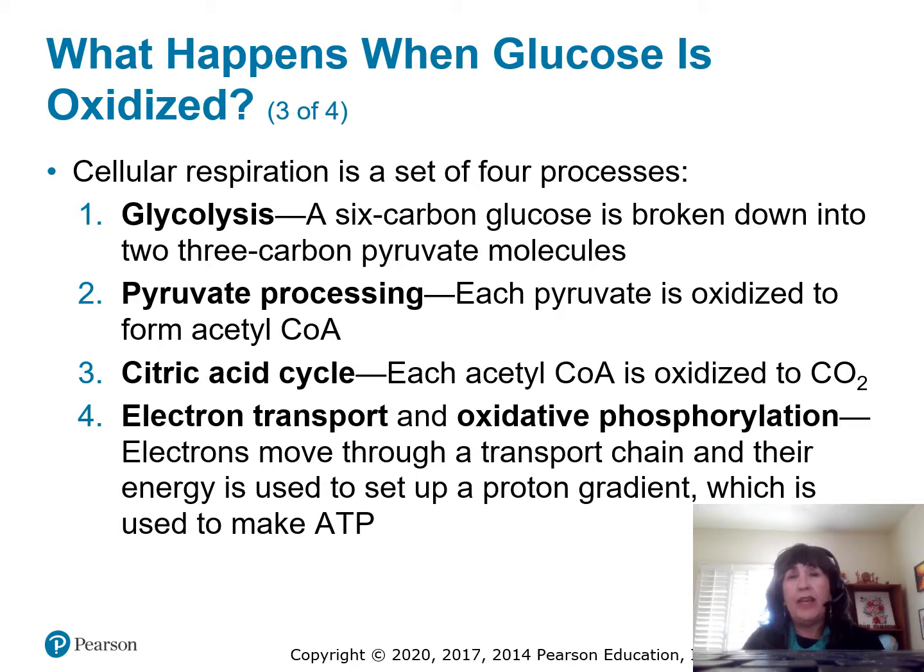Then all of the energy in the form of electrons will be taken to step 4, the electron transport chain, and that energy is going to be used to pump protons to one side of the inner membrane of the mitochondria, and as they cross the inner membrane, it's going to produce gobs and gobs of ATP. We'll go through these steps so that you can see how this works. But I do love this slide, so if I were you, I would mark it as an important slide for studying.